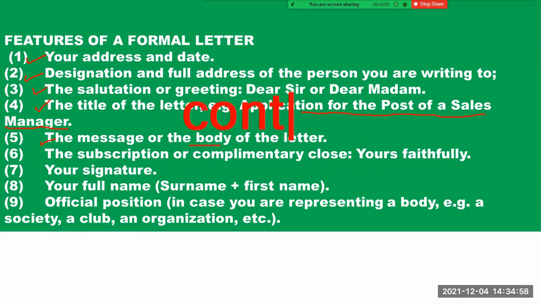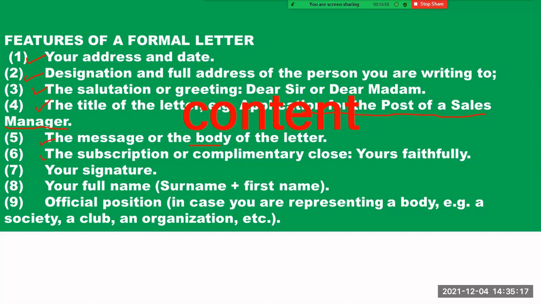Yes, the message or the content of the letter, which, as I told you, is subdivided into introduction, body, and conclusion.